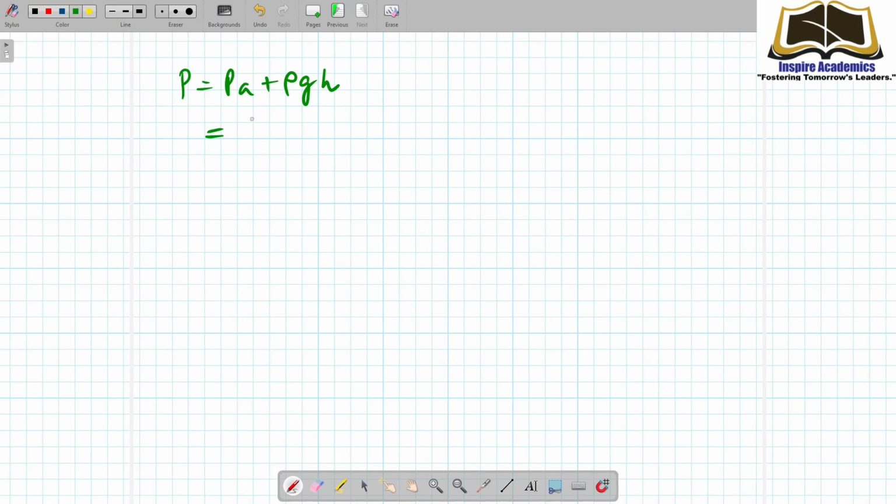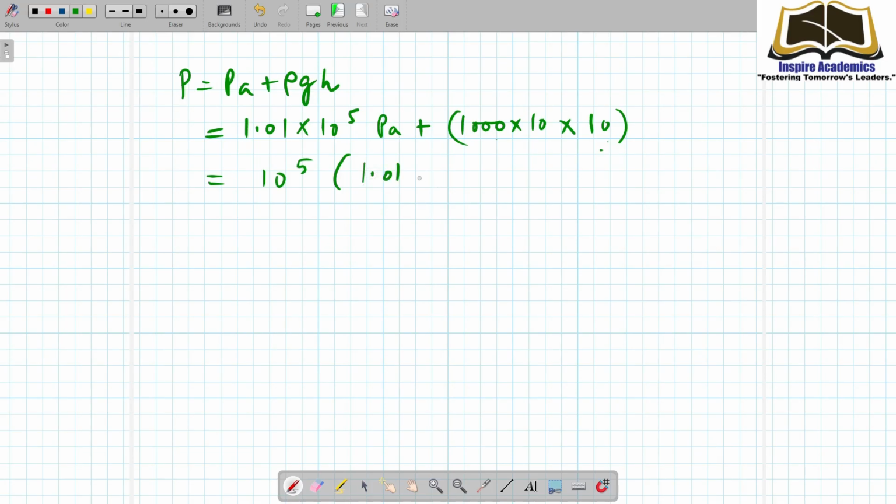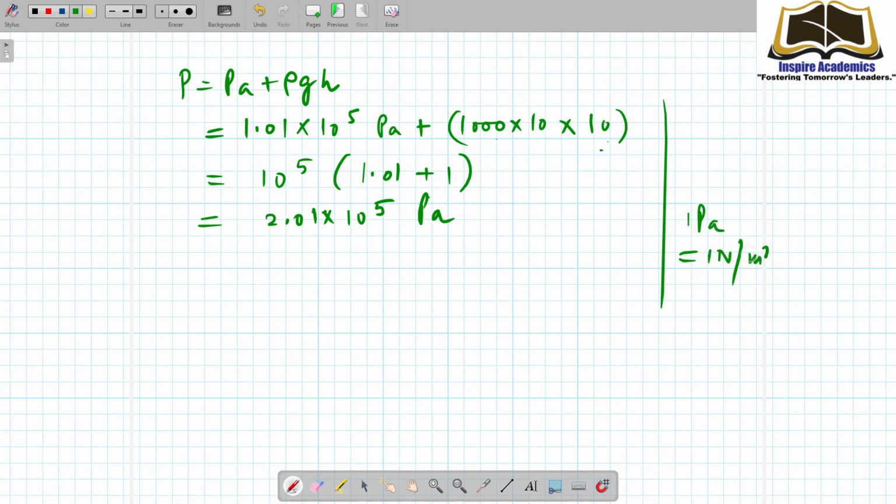You take 1.01 into 10 to the power 5 Newton per meter square, or you can write Pascal also, plus rho is 1000, g take as 10, and h also take as 10. All right, so this is also 10 to the power 5, so take it common. 1.01 plus 1, so you will have an answer 2.01 into 10 to the power 5 Pascal. 1 Pascal is the same as 1 Newton per meter square, remember that.